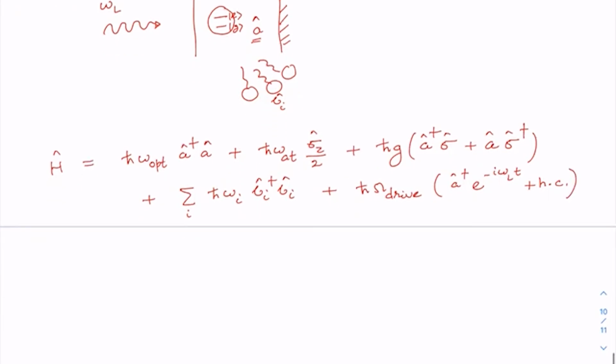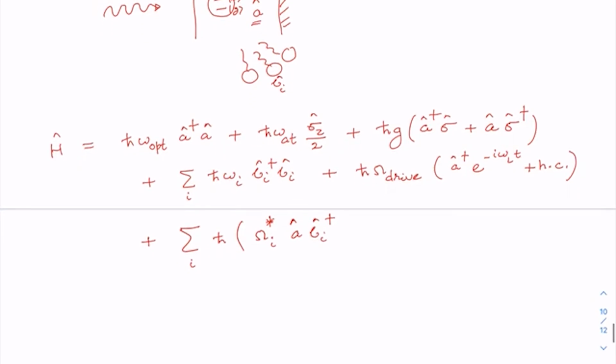Now the last thing is that there is an interaction between the bath and the mode, and we can capture that interaction by this particular term. So we have h cross, suppose the interaction strength between the bath and the optical mode is omega i, and it's a complex quantity, so let us also write omega i star. Here a is the optical mode, and because of this interaction, an optical mode may be annihilated and a bath mode may be generated inside the cavity.